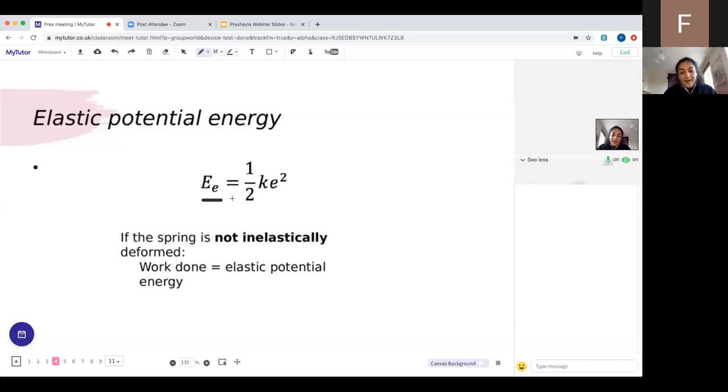So k is just spring constant and e is just extension. But we need to remember to square the e first and then times it by k and then times it by a half. So although they won't do this in the exam, you need to remember that there are brackets around this part here. Just like normal BODMAS, you always do the indices first.